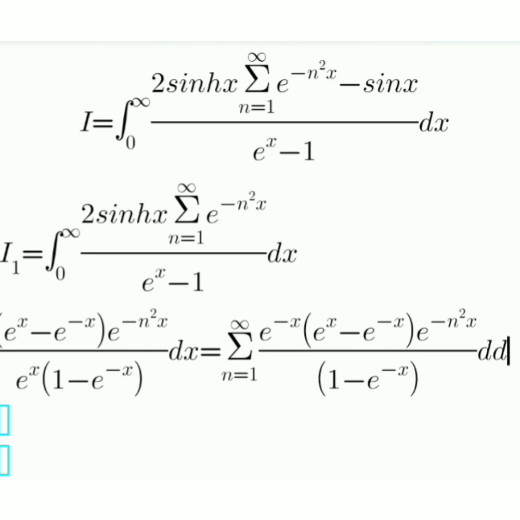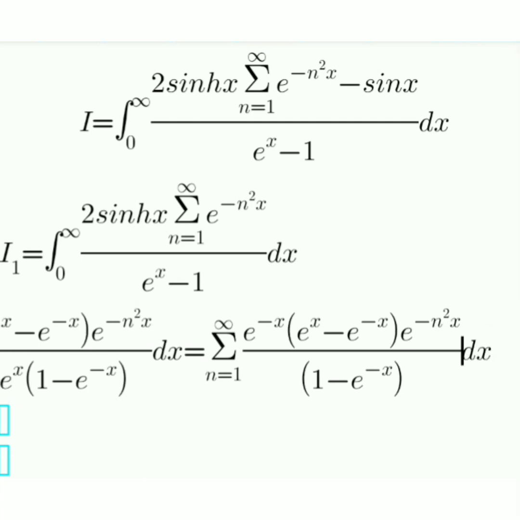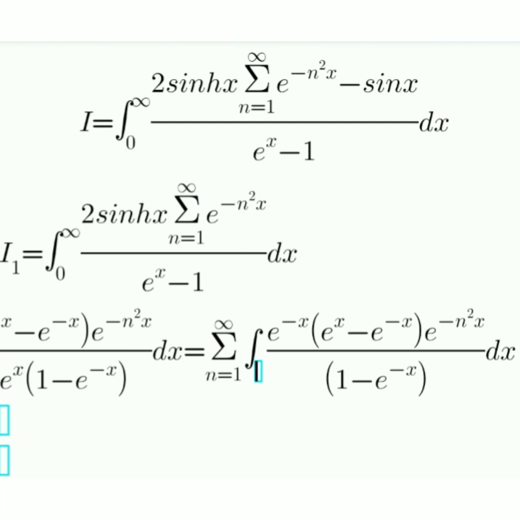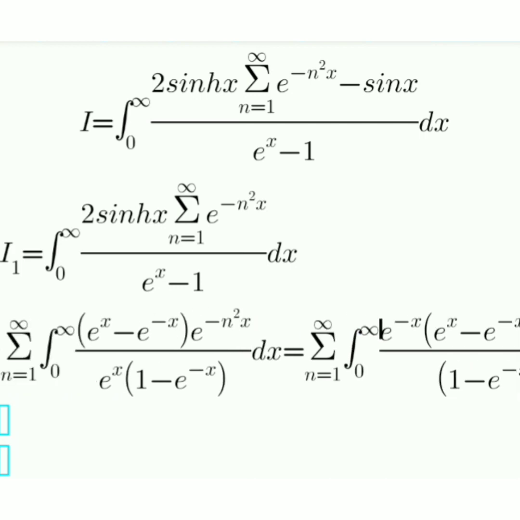Okay friends, I have to write the integration from 0 to infinity here, because this is a typing mistake.